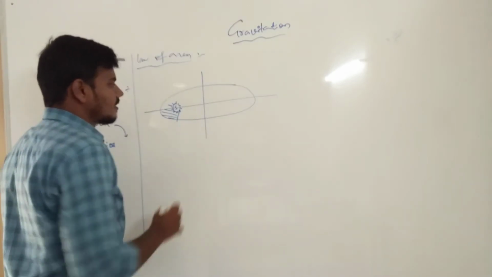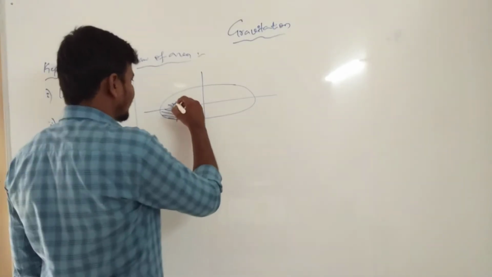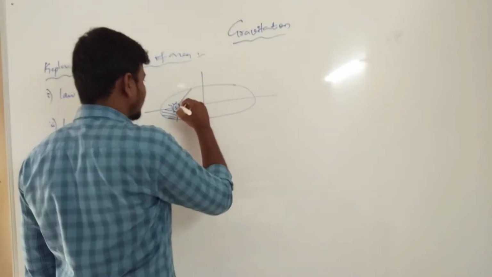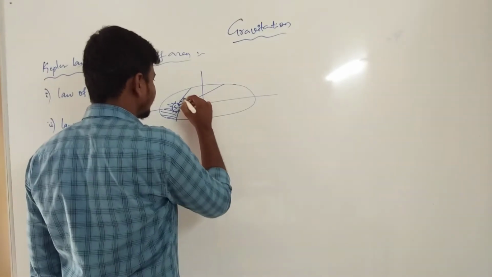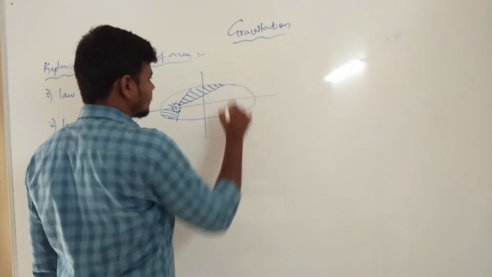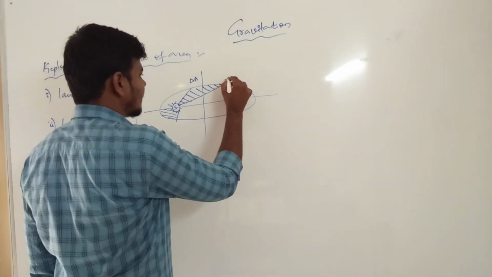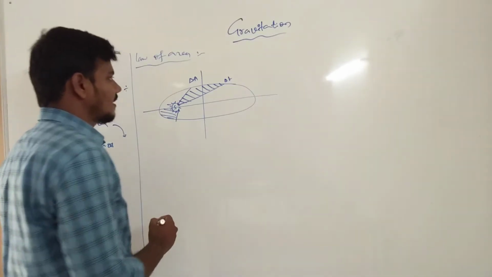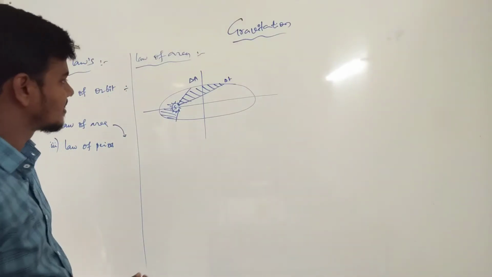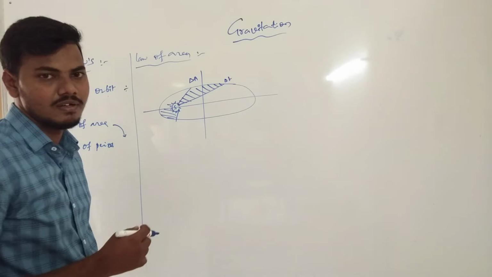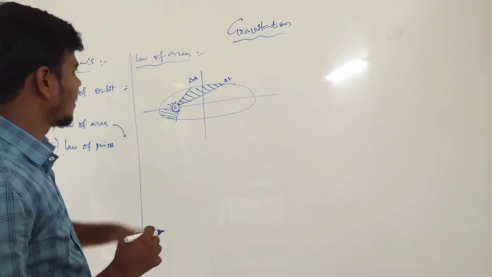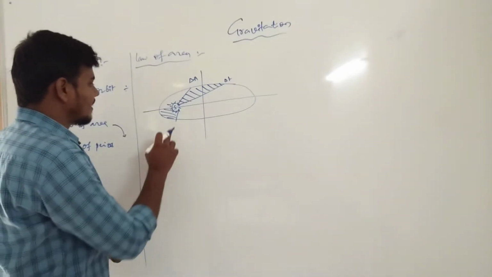This is the area of observation. The same we can apply on this side also. Now this is delta A and delta T, the time period. The ratio delta A by delta T is always constant, which is the property applicable in the law of area.